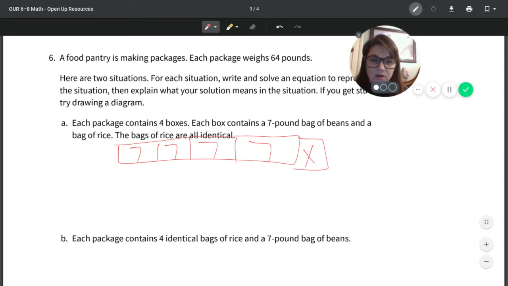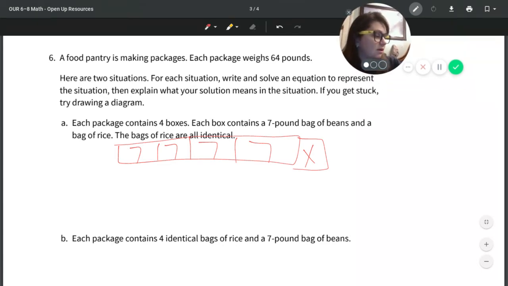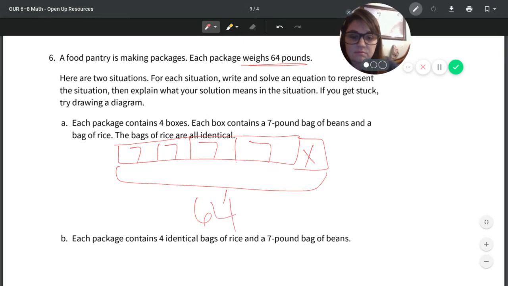And the bags of rice are all identical. So we'll make it into a solution that looks like that. And up here it tells us that each package total weighs 64 pounds.